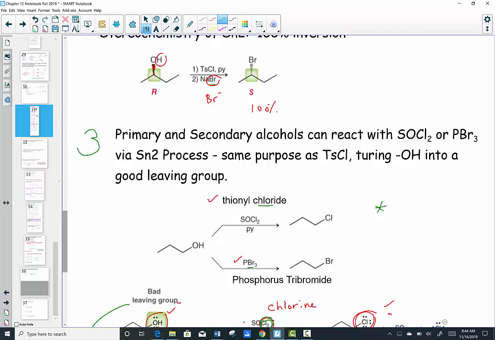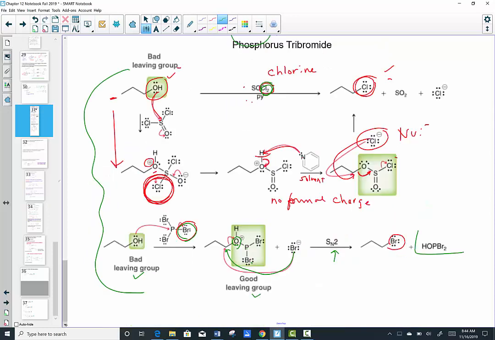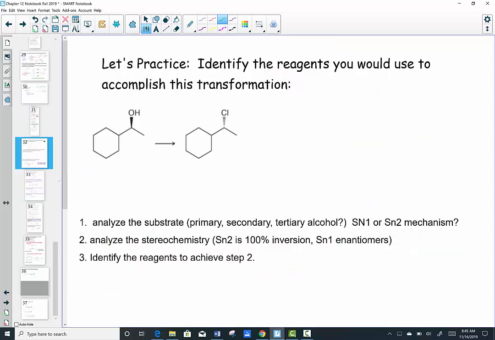Either one will deliver a chlorine just fine. And if you wanted to deliver a bromine, you would use the second choice here, the phosphorus tribromide. Those are the reagents. Make sure that you have those solid on your note page to start using them as we go forward.